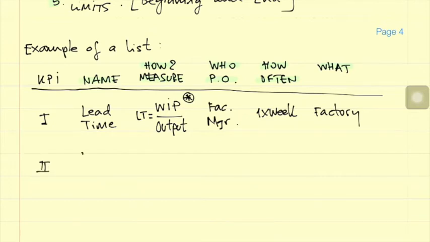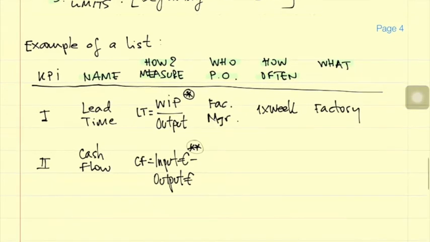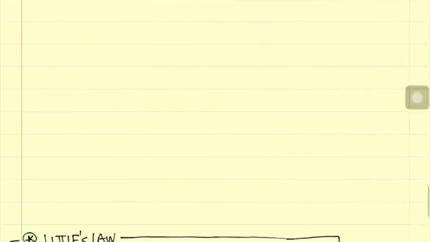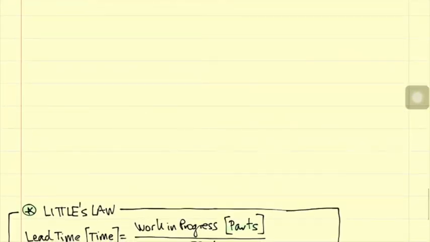So the second KPI we can think of is cash flow. Okay, cash flow is input money minus output money. I'm going to make two stars here. Cash flow is also very important.